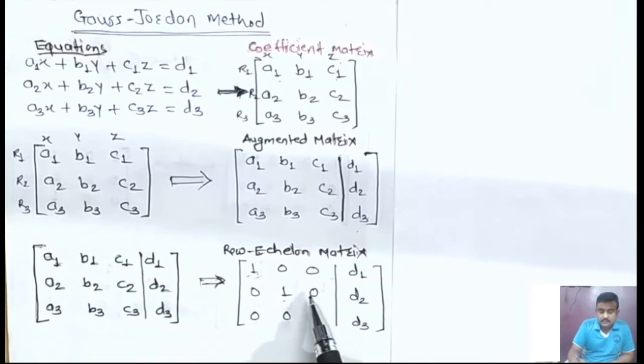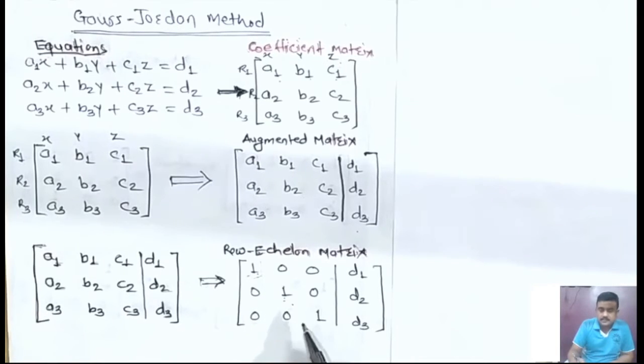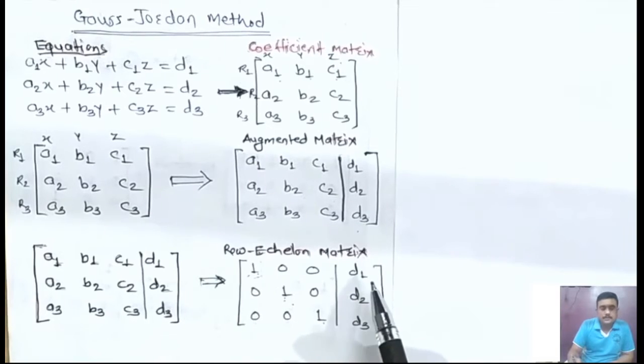In the next row the value will be 1, and the values below this one will be 0. Again in the third row, third column position, the value will be 1 and the values above it will be 0. This is our row echelon matrix.